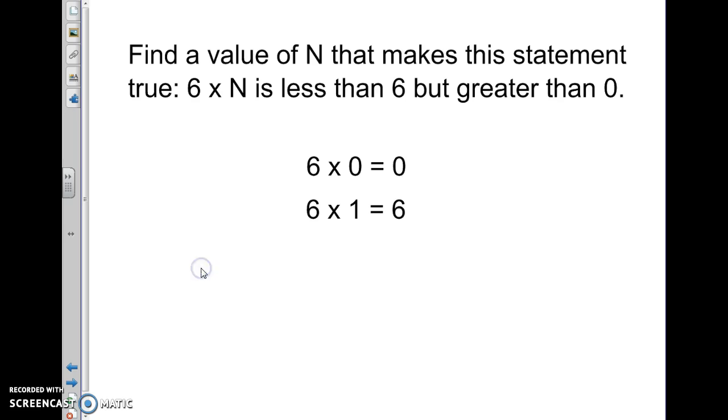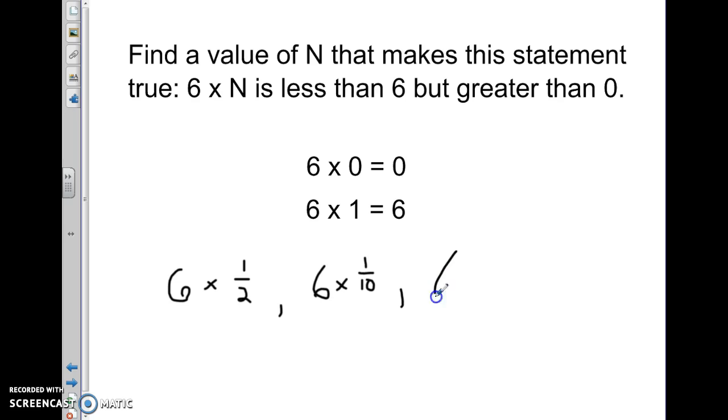So if we did 6 times, let's write this out here. If we did 6 times 1/2, we would get a product less than 6, which in this case would be 3, right? If we did 6 times, how about 1/10, right? That would be less than 6, but greater than 0. It would be 6/10, right?